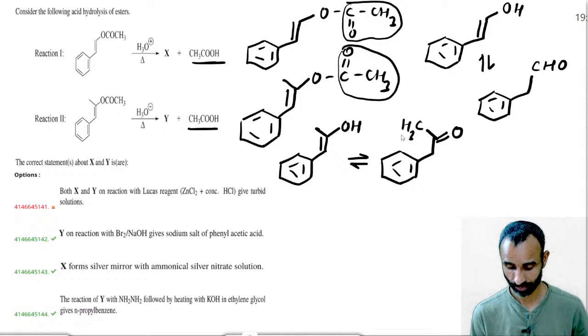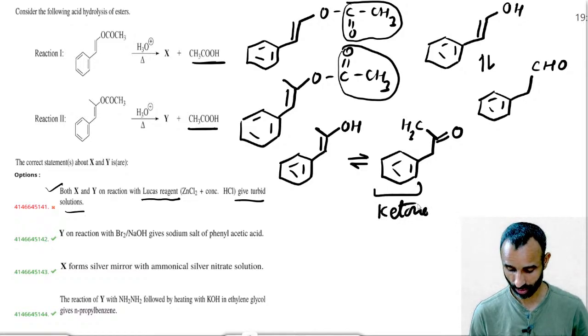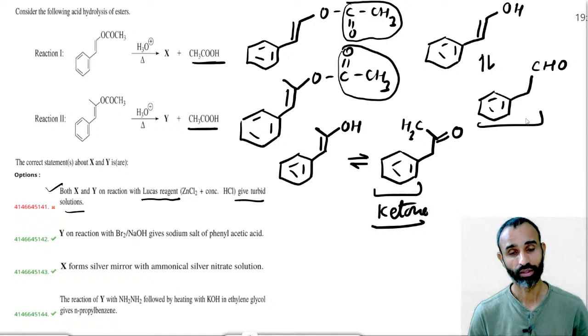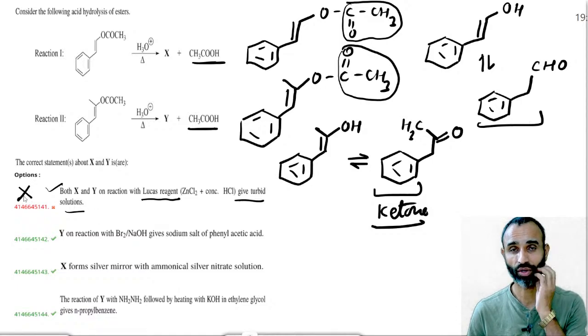So the first statement: both X and Y on reaction with Lucas reagent give turbid solutions. Actually, they are not alcohols. The major products are keto, acetophenone and aldehyde. So this is wrong because they will not give the Lucas reagent test.